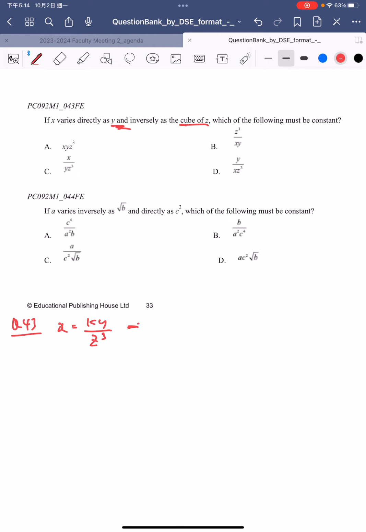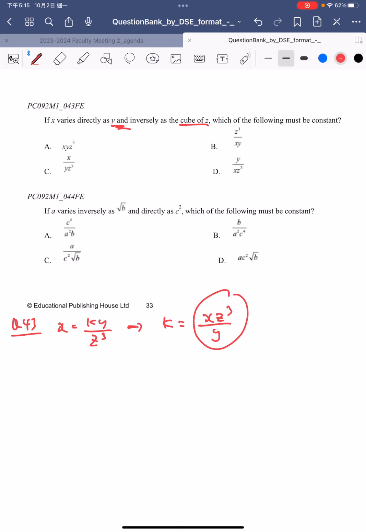First of all, we can change k to become the subject. So we have k is equal to XZ cubed divided by Y. So this term must be the constant, but is anything exactly the same as XZ cubed over Y?